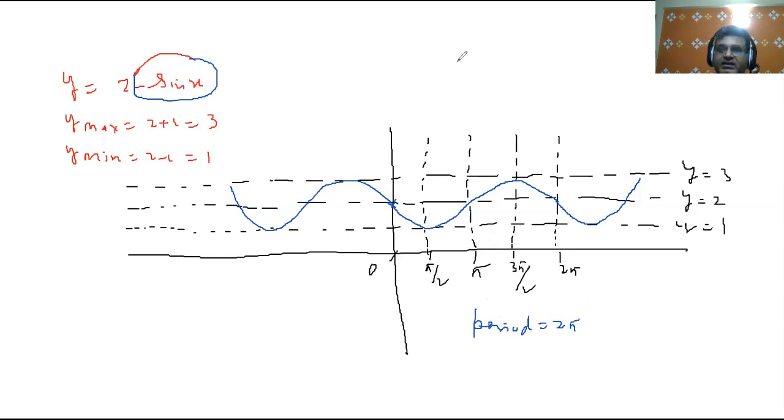Now we are going to plot a graph which has all these properties. So just remember it. Say, y is equal to 3 plus 2 sin(2x minus pi by 4).